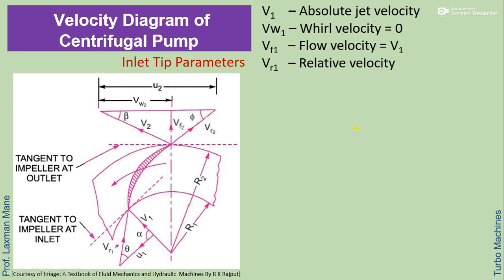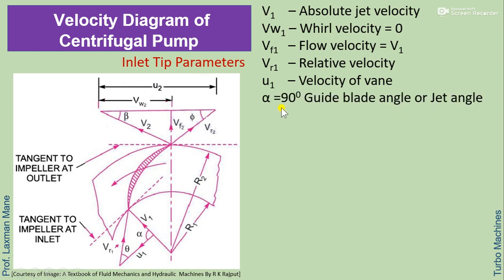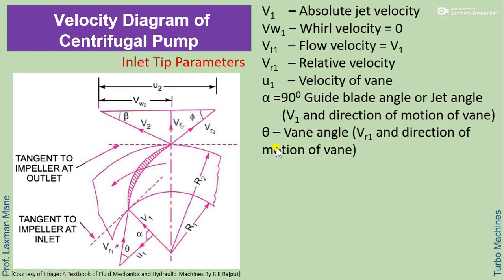VR1 is the relative velocity. U1 is the velocity of vane. Alpha is the guide blade angle, and in case of centrifugal pump it is 90 degrees with the direction of motion of vane. Theta is the vane angle made by the relative velocity component at inlet with the direction of motion of vane.